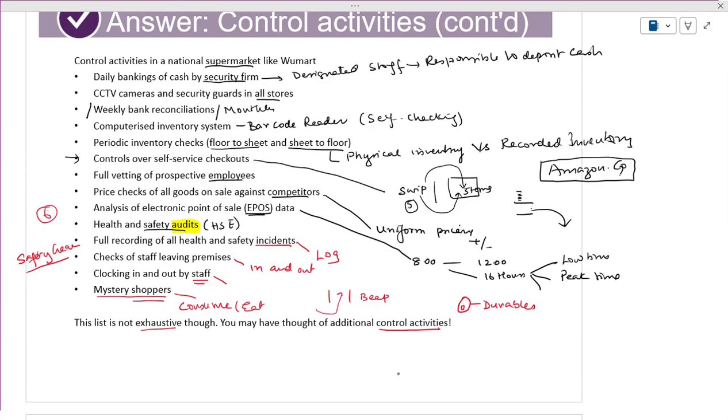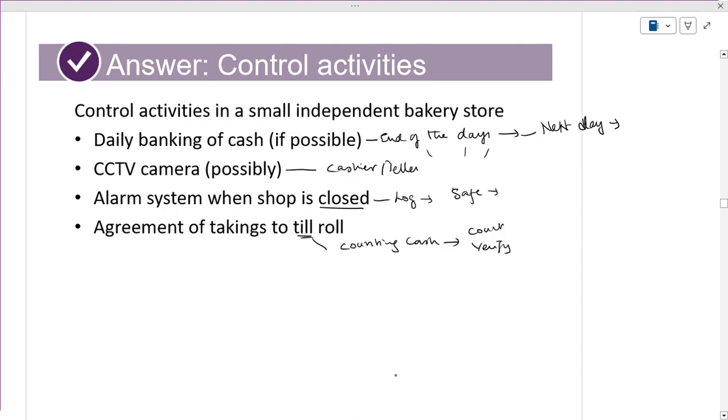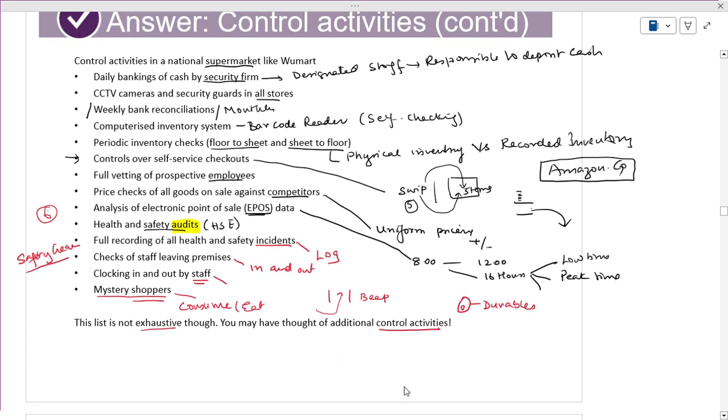Analysis, safety checks, mystery shoppers, no, somewhere it is there. Controls, periodic, weekly, bank, no. Somewhere I have written fraud. Where have I written fraud?